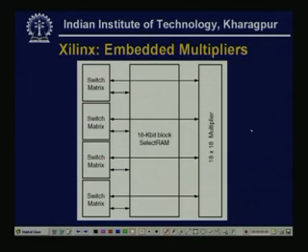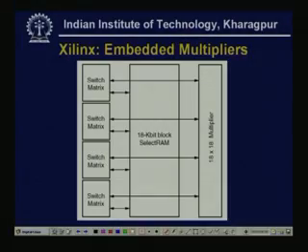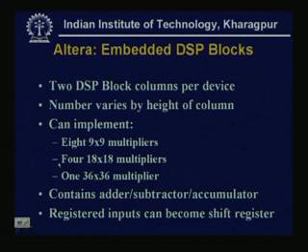One thing to be noted is that this can be a different type of architecture, because when we later read about different designs of multipliers, we will see that this architecture can be changed. This is one example. Now, these are different embedded DSP blocks that the Altera family has, which can be kept as FPGA building blocks.